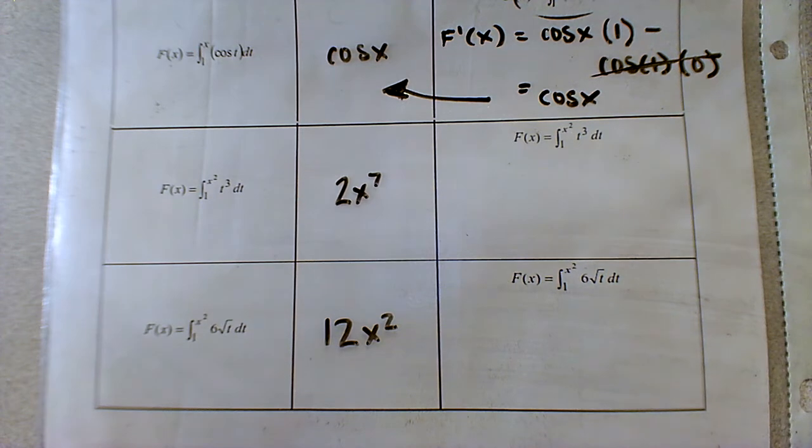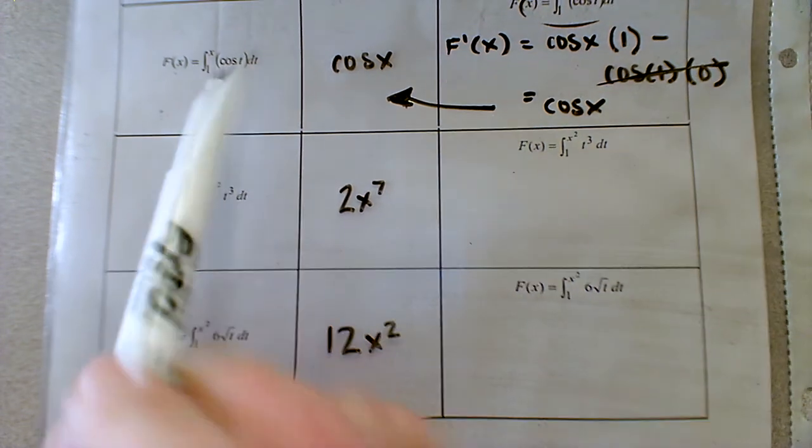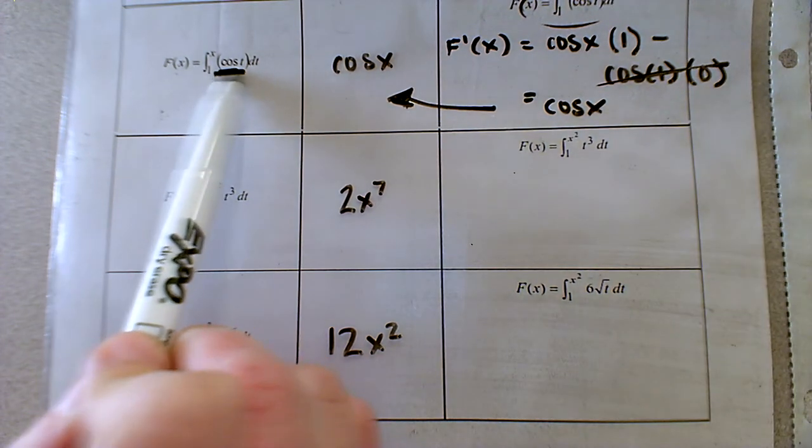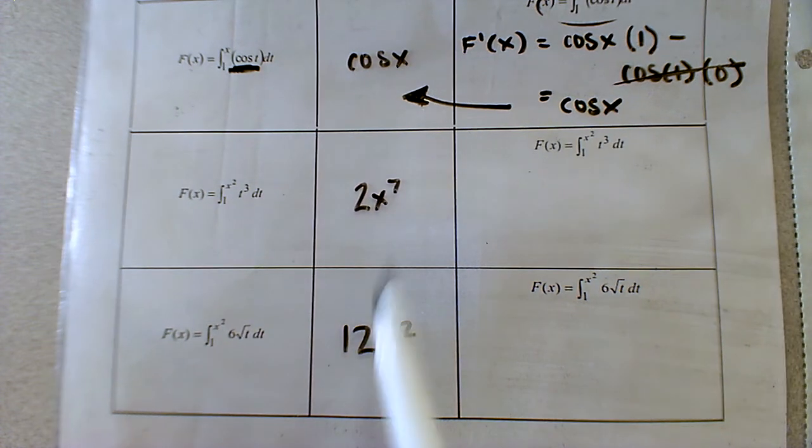So those were the first two examples where our ending derivative result matched the original function that we had in the integral, just with an x instead of a t. These last two examples were the ones that did not match exactly. So let's see if the second fundamental theorem of calculus can compensate for that difference.